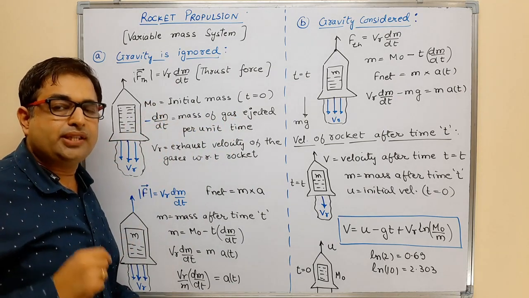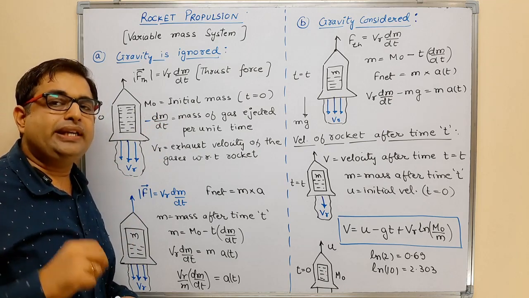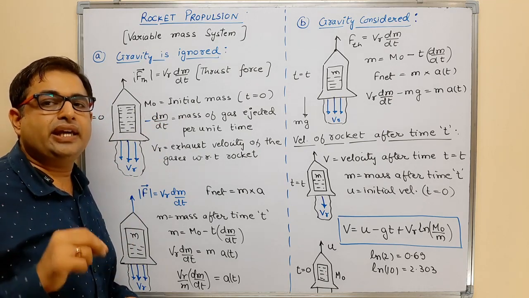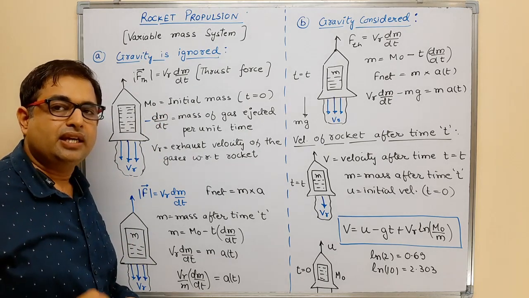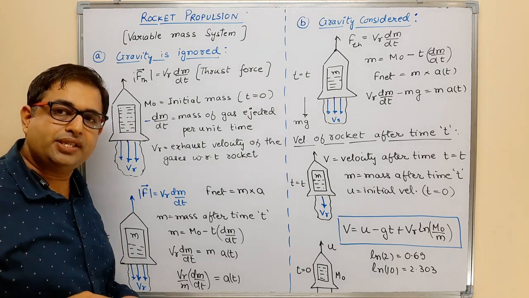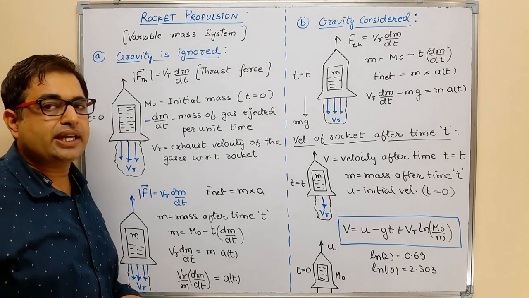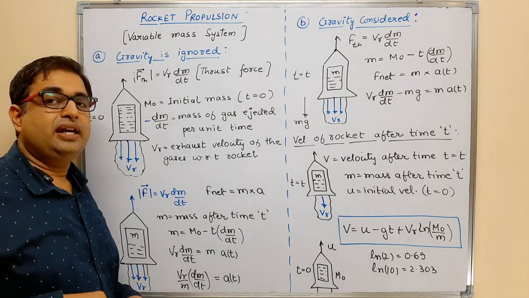Let us calculate the mass of the rocket after time t. Suppose dm by dt is 10 kg in 1 second. So decrease in mass in 1 second is 10 kg. Decrease in mass in 2 seconds, 20 kg. Decrease in mass in 3 seconds, 30 kg. So what is the decrease in mass in t seconds?